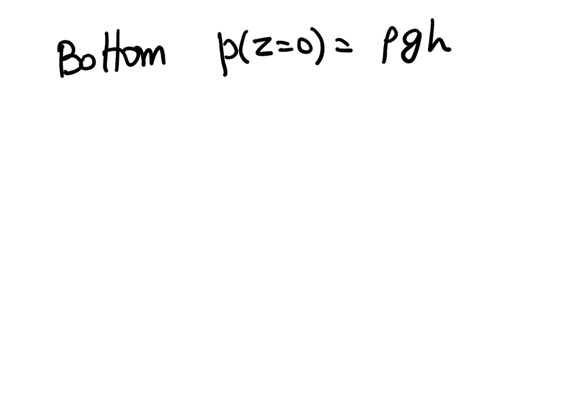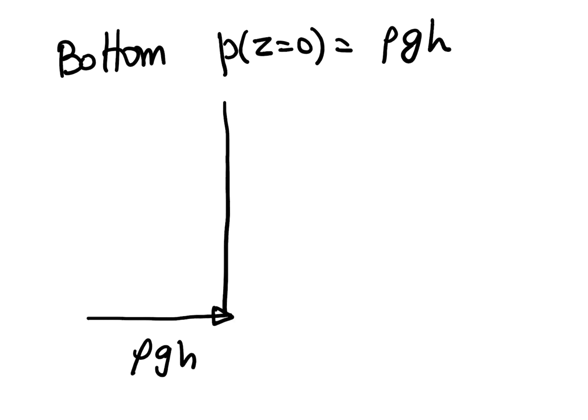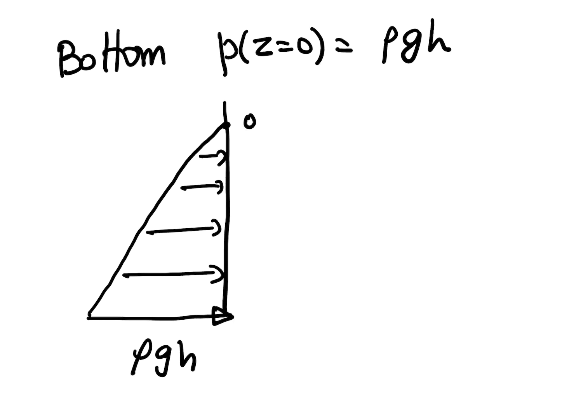So what you have here is the side wall, here is the bottom where the pressure is rho GH, here is the top where the pressure is 0, and you have a linear variation of pressure, or a load that is linearly varying with height between the bottom and the top.